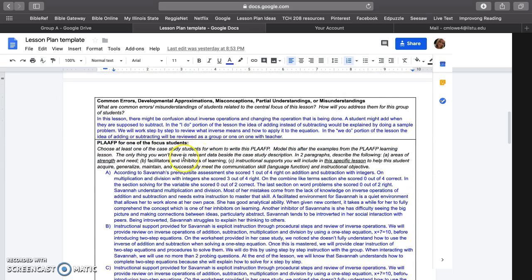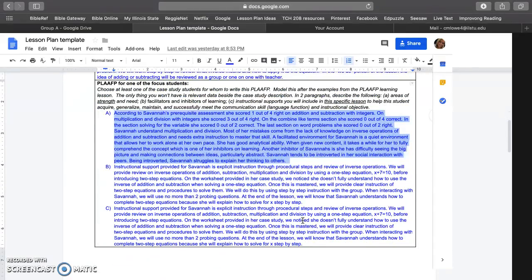In our PLAF up here, we did discuss her scores from her pre-test. We divided them up into sections for each part. So these just explain what she got. Then for instructional support, we want to use explicit instruction to solve the one-step equation first and then move on to the two-step equation.